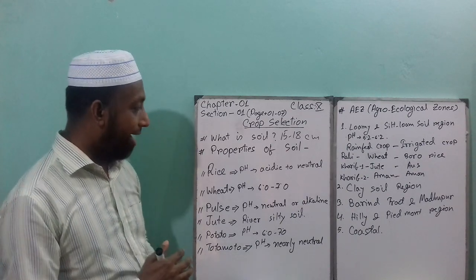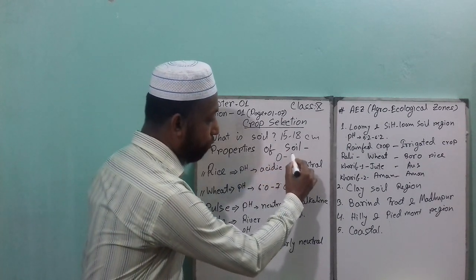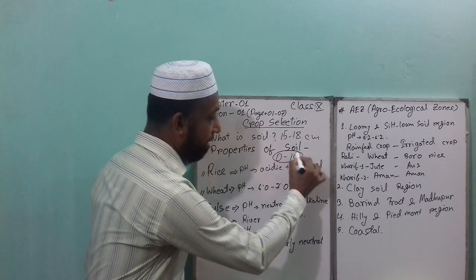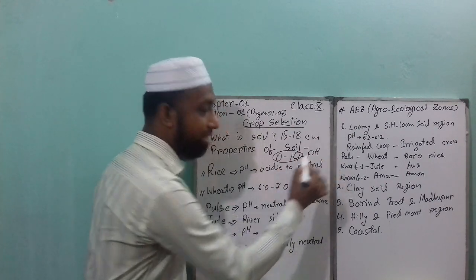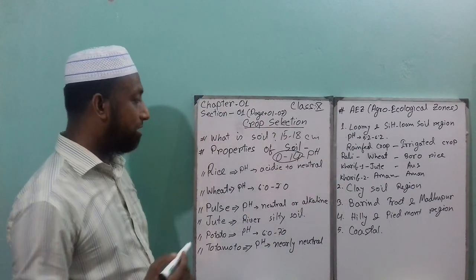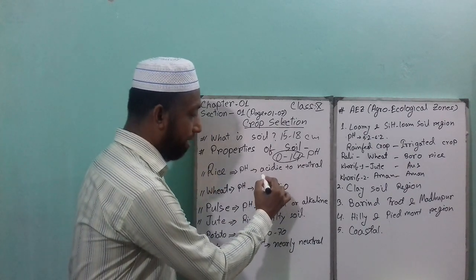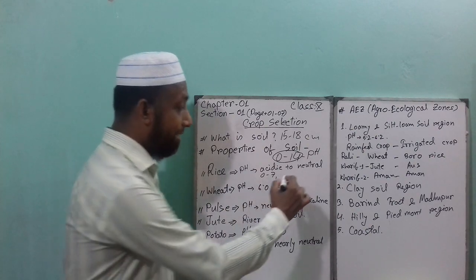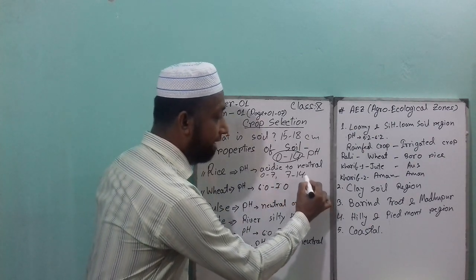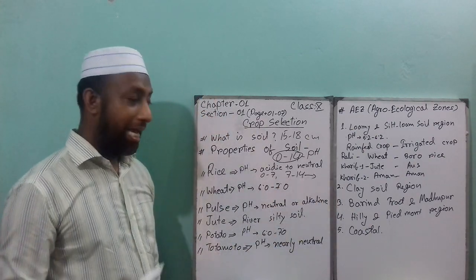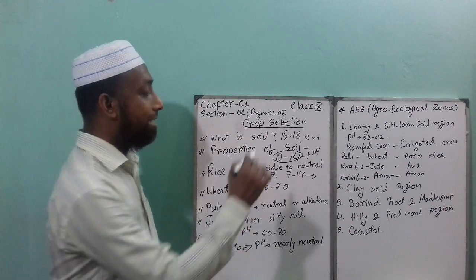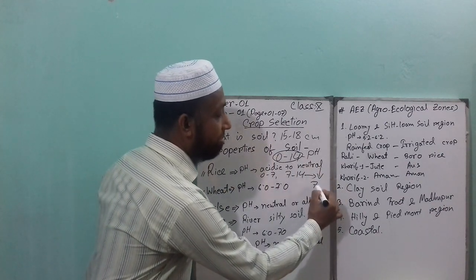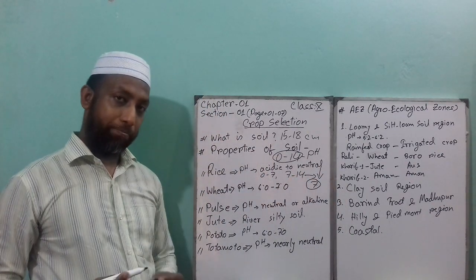The pH range is 0 to 14. Acidic soil is 0 to 7, and 7 to 14 is called alkaline soil. Neutral soil is 7.